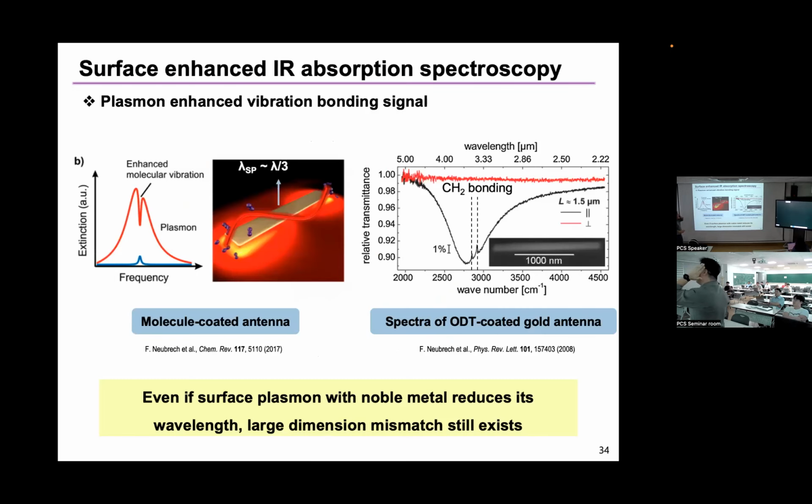We can also use this MXene structure as a fingerprinting device. For example, graphene or other metal structures can detect molecular vibrations directly using the large field confinement.